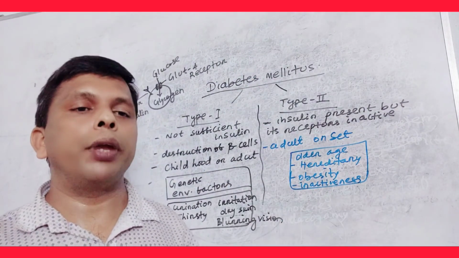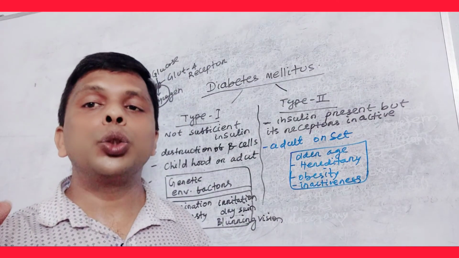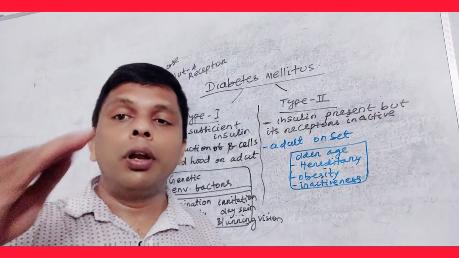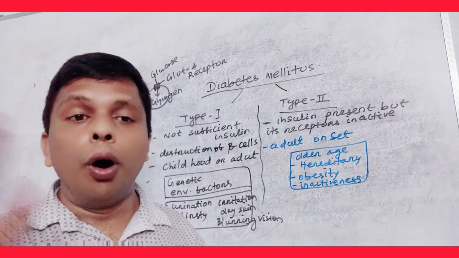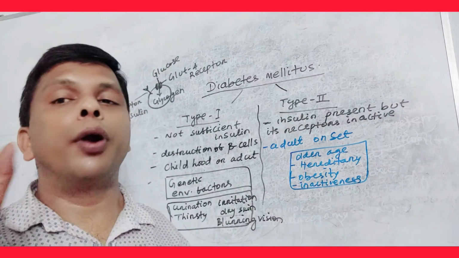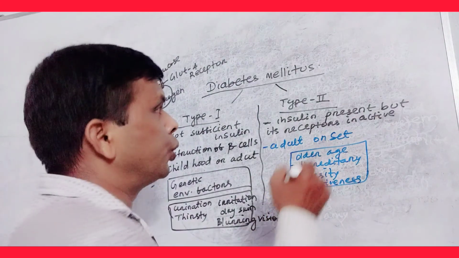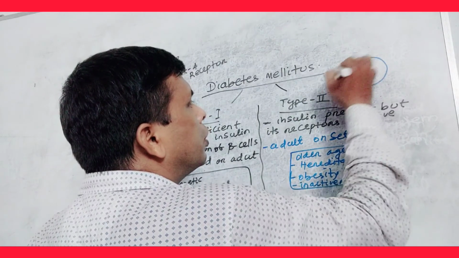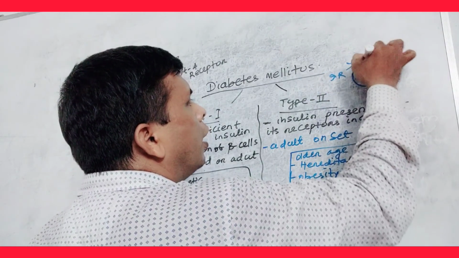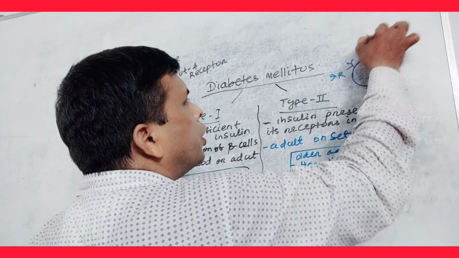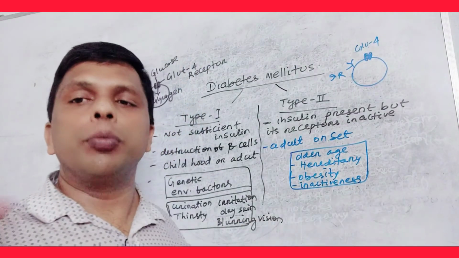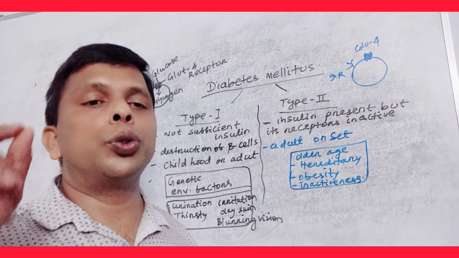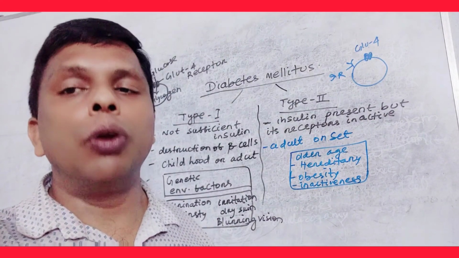What happens in this condition? Insulin resistance occurs. Insulin is produced by beta cells, but it is not properly responded to by the receptor. Suppose this is the cell, it has the insulin receptor, and here is the GLUT4 receptor. The GLUT4 receptor performs its function to transport glucose, and the insulin receptor has to bind with the insulin molecule.